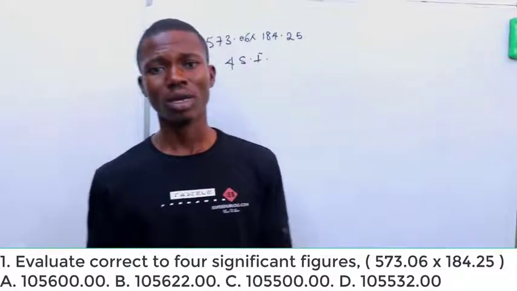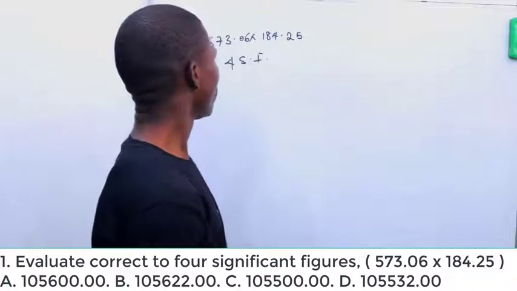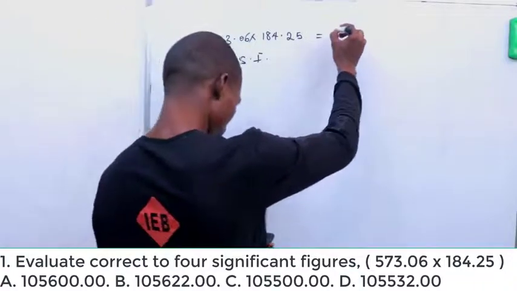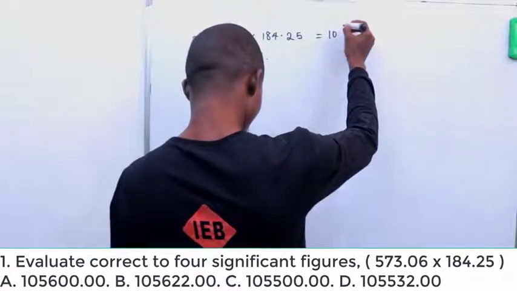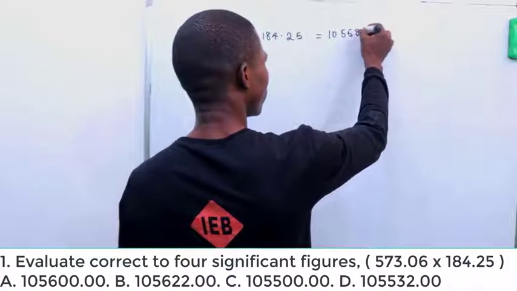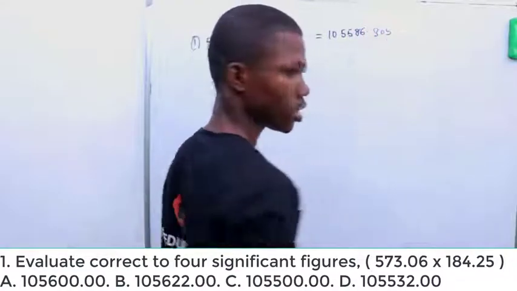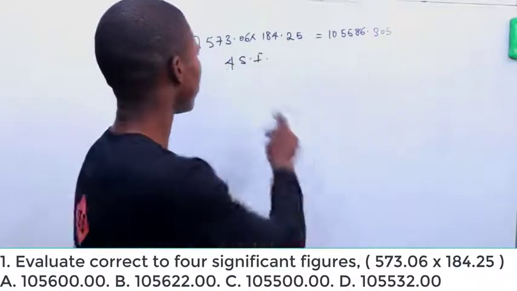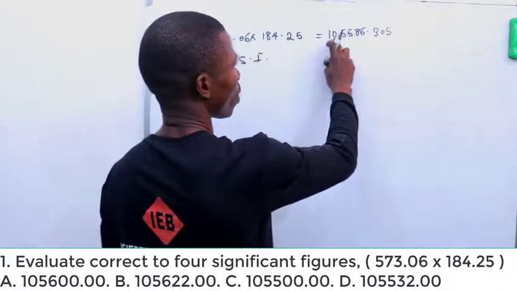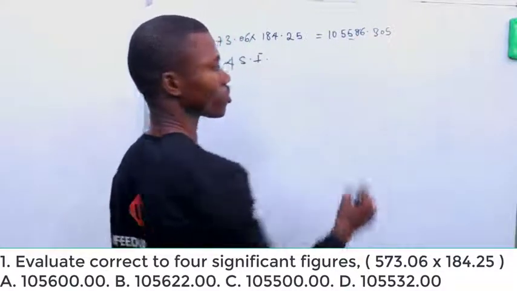Let's go ahead and solve. Let's press. The product of these two gives us 10,586.305. This is our answer, but they say 4 significant figures, so we count 4: 1, 2, 3, 4. Our 4 stopped at the 5th position.